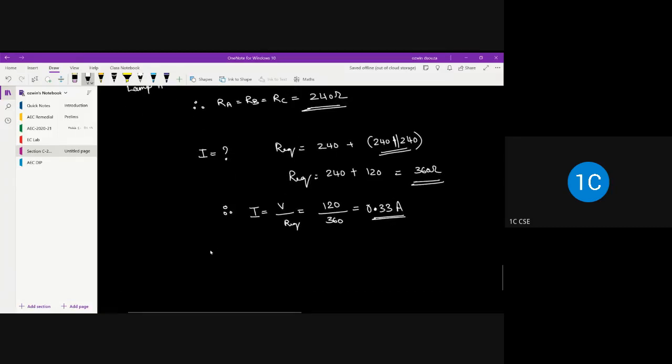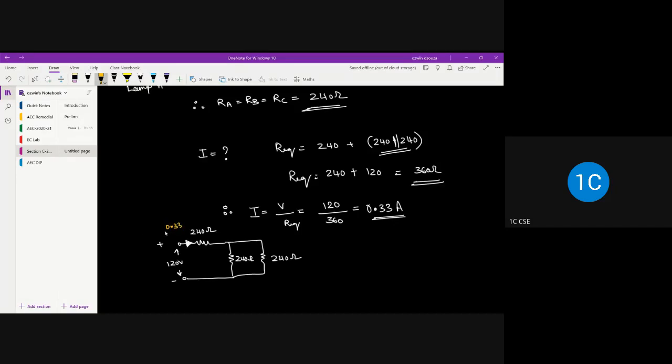Let me draw this circuit. Two 240 ohm resistors in parallel, and this is also 240 ohm in series. The current flowing through this series element is 0.33 amperes, so I is equal to 0.33 amperes.